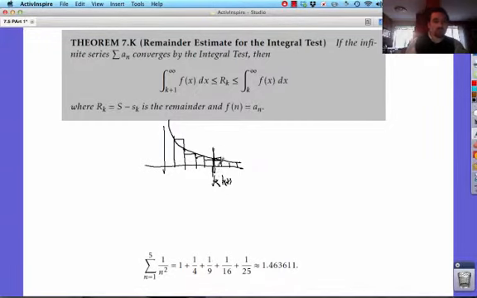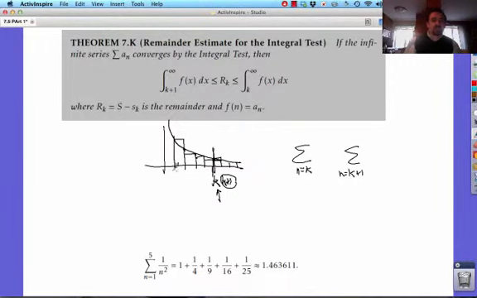Starting here and taking a left Riemann sum is the same as starting here and taking a right Riemann sum if we start with k plus 1. So a left Riemann sum is starting at k, and a right Riemann sum is starting at k plus 1. The actual value is somewhere between these two values because the integral is between the two.